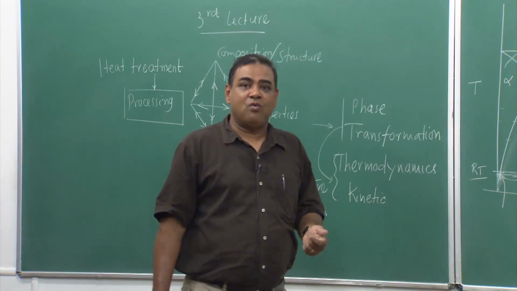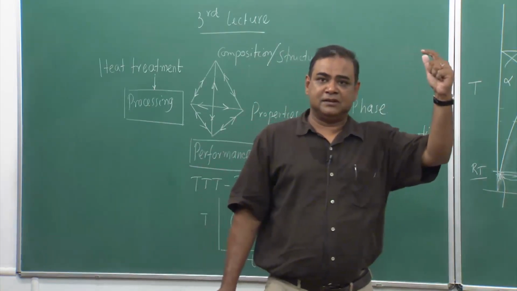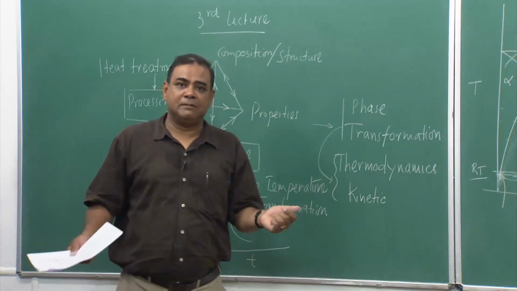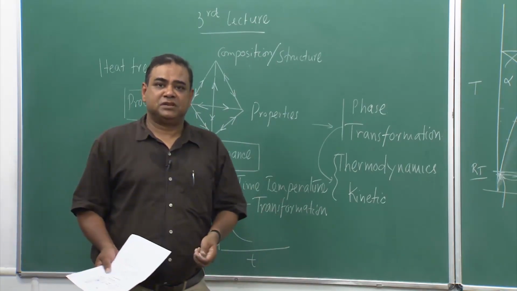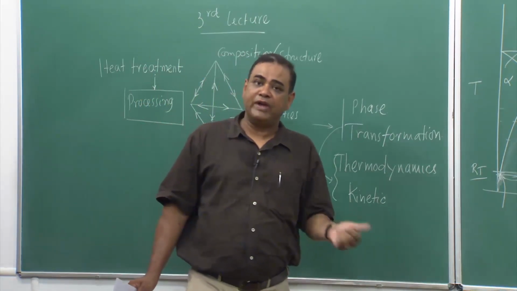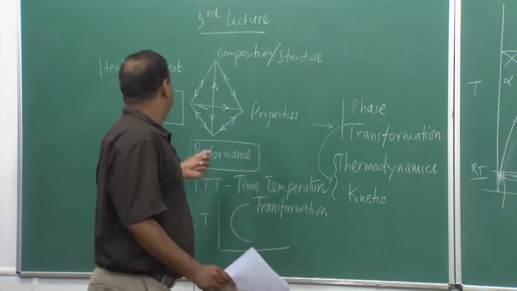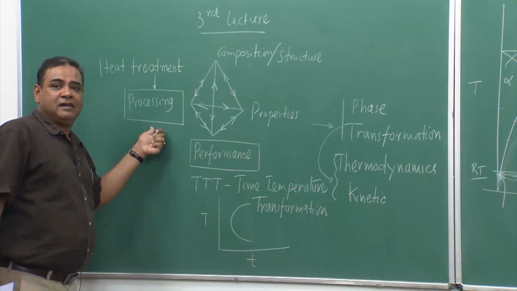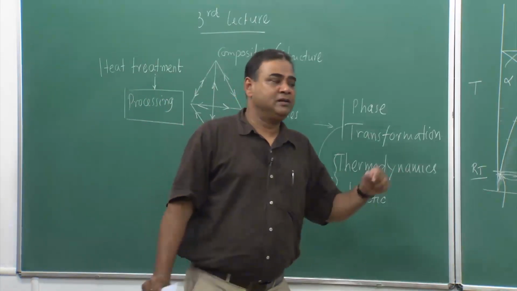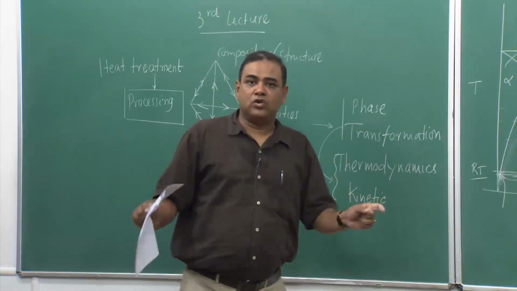Rather, why we should take it to that temperature, when we should, and how long we should hold the sample. Answering those questions, why, how, what, when, would give an idea about heat treatment, and that is what we will talk about in this whole 20-hour lecture.